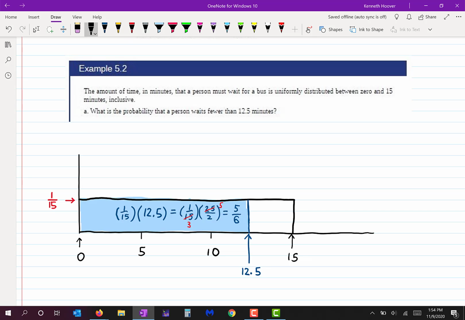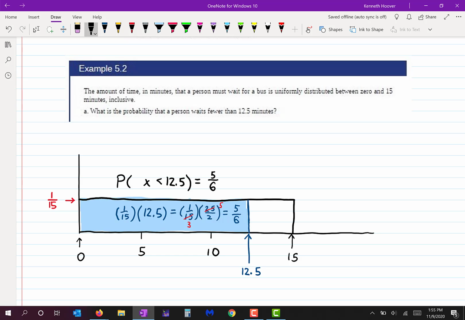So what we can say is that x is the amount of time somebody has to wait for the bus, and we can say that the probability that x is less than 12.5 minutes is 5/6. Okay, that's how that works.